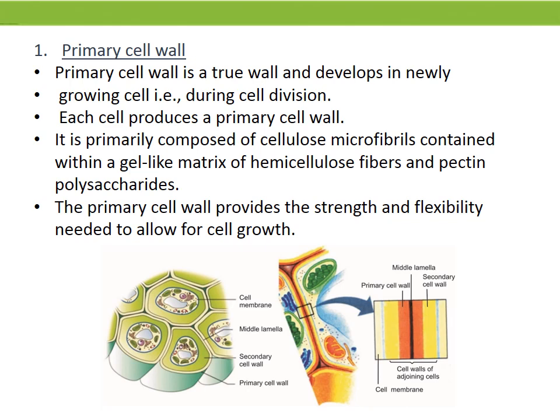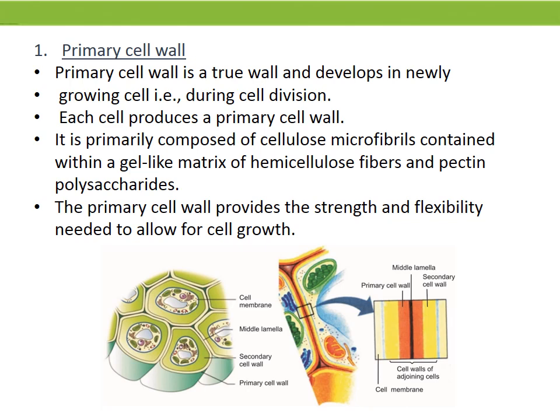Some of the primary components of this layer include cellulose, hemicellulose and pectin. It is primarily composed of cellulose microfibrils contained within a gel-like matrix of hemicellulose fibers and pectin polysaccharides.